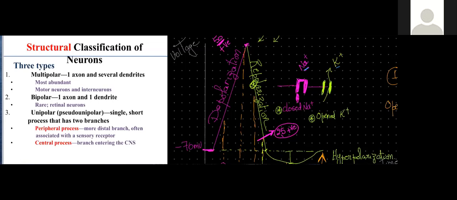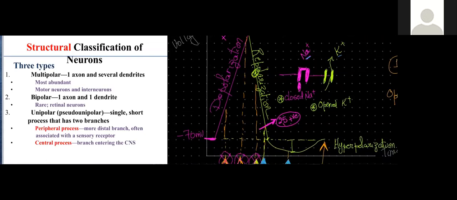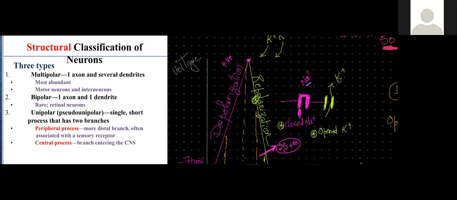Would you be able to create this depolarization? No. So rather than moving 50 positively charged in, because you are losing 25 positive charges out, you're gonna need to allow 75 positive charges in.